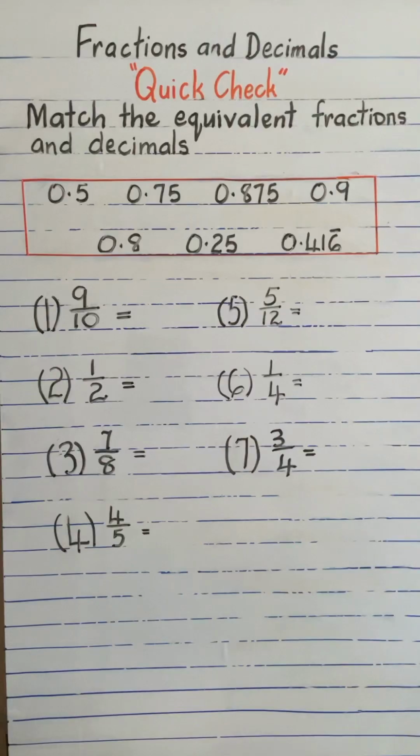So first, 9 over 10. To convert a fraction to a decimal, we divide the numerator by the denominator. So the first one is 9 divided by 10. When we are dividing by 10 or a power of 10, we move the point one place to the left.